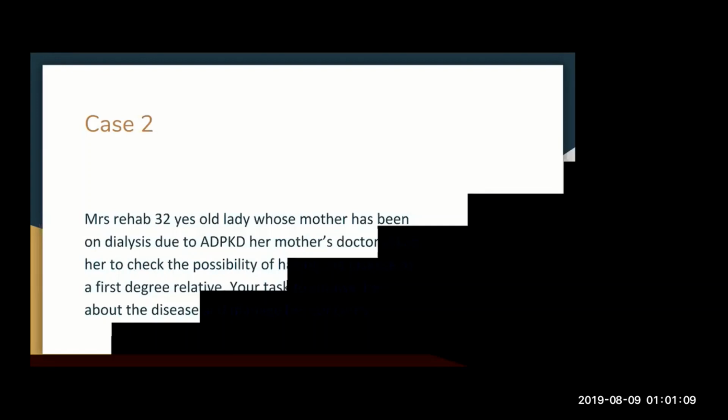Doctor, why did you mention I have to do imaging of my brain? Yes, this is right. In some cases, besides the small cysts in the kidney, which can be in different parts of the body like the liver or the spleen, it can also affect some blood vessels in the brain, making some dilatation in them.